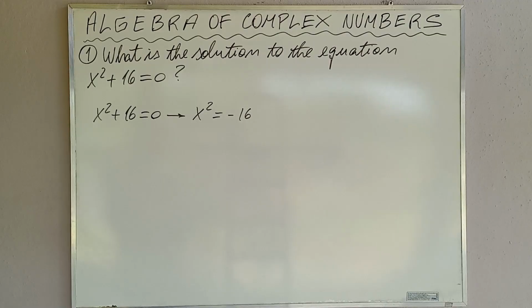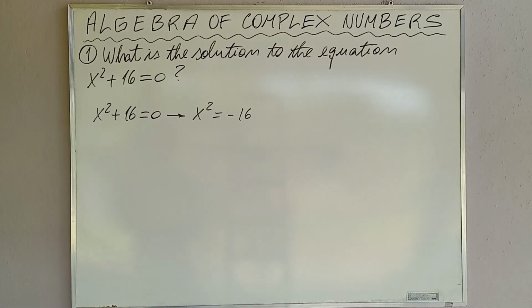The answer is no. The square of a real number, whether positive or negative, is always a positive real number. Thus, the equation x squared equal to negative 16 has no solution in the set of real numbers.